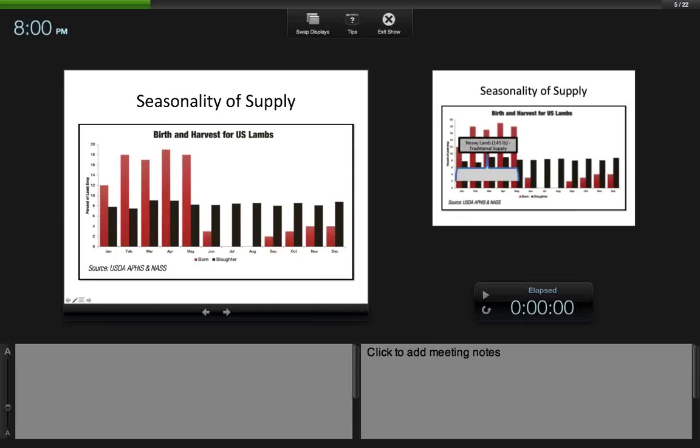The other thing to note on this is this data set is not easy to come by, and I had to really dig to find this, and it's from a 2010 industry report, and that's called Sheep 10, I think. I have to look that back up, but it's a 10-year study.